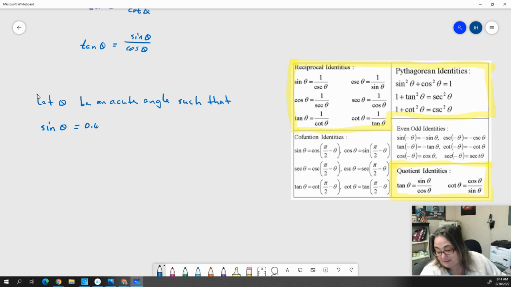It's written really tiny. So we want to find the value of cosine of theta and tangent of theta.